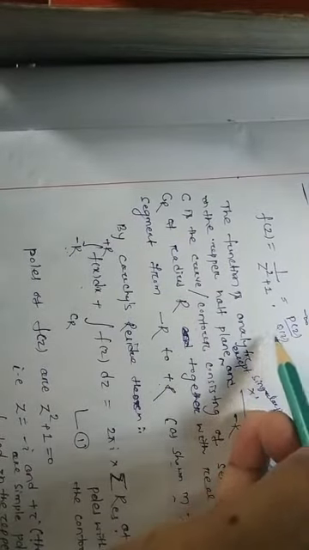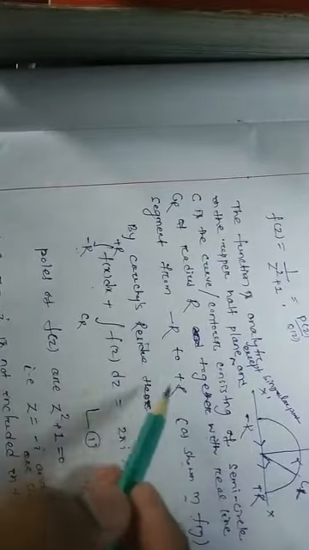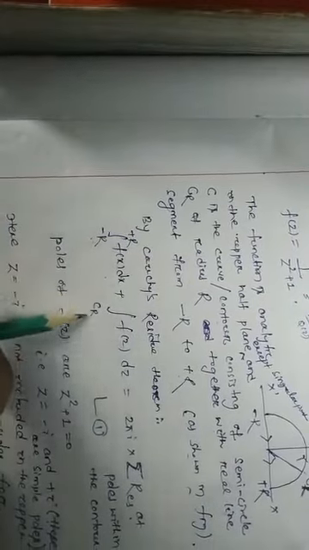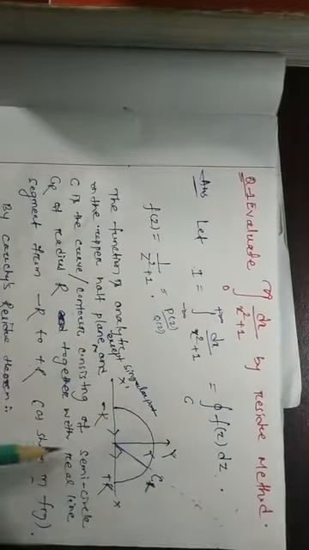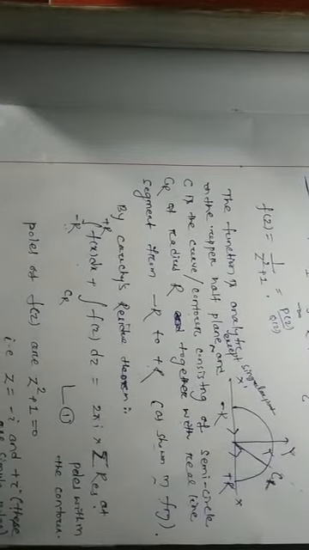The same thing has been written, whatever theoretical part we have discussed: the integral from minus r to r, this is the CR, then by Cauchy's residue theorem, the integral from minus r to plus r of f(x) dx plus the integral over CR of f(z) dz. You can pause the video and write, no problem. Same thing has been written.